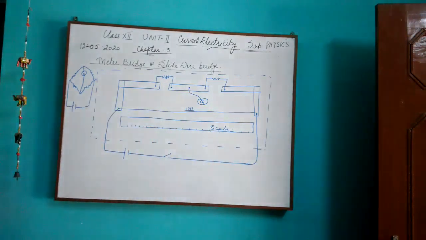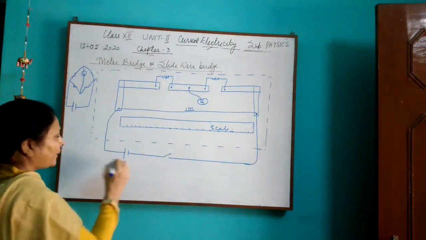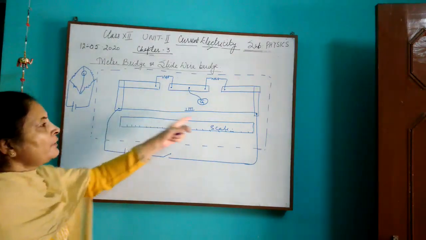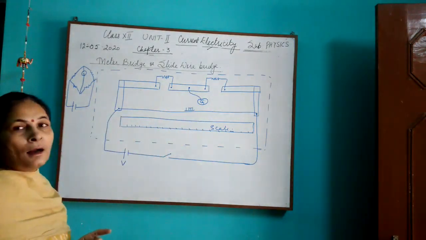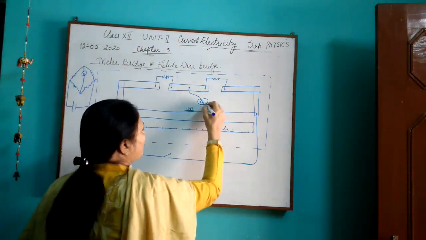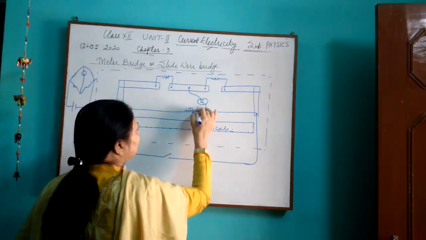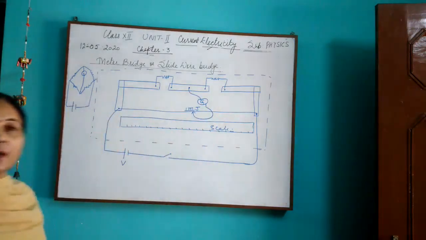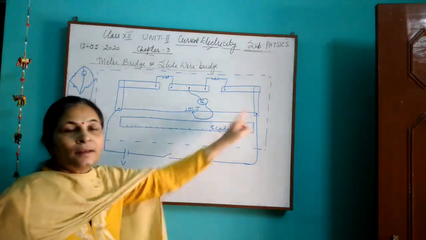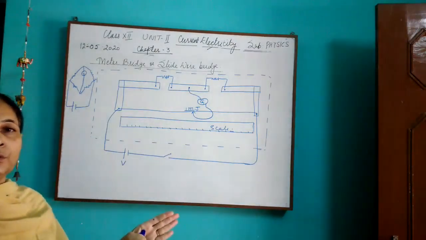So across the wire, a source of potential difference will be used. Now current will flow in this arm. We'll have a device known as a jockey, which is going to touch this wire so that this wire is divided into two parts.